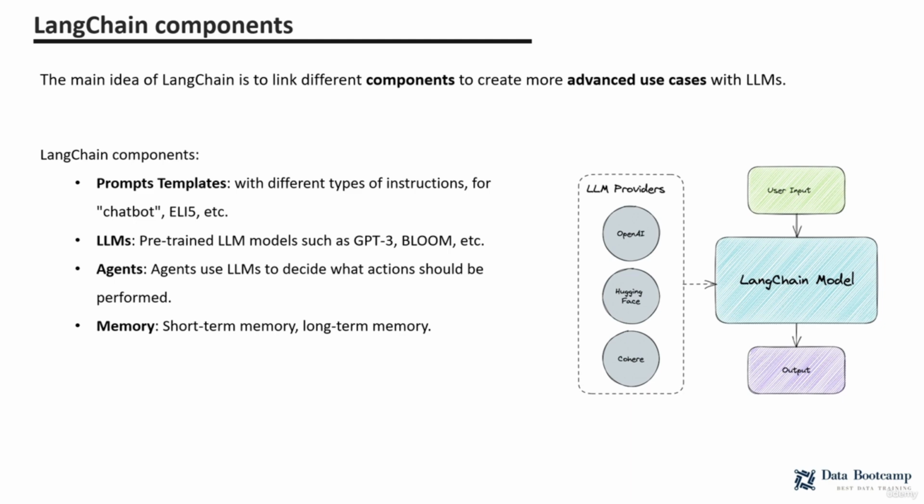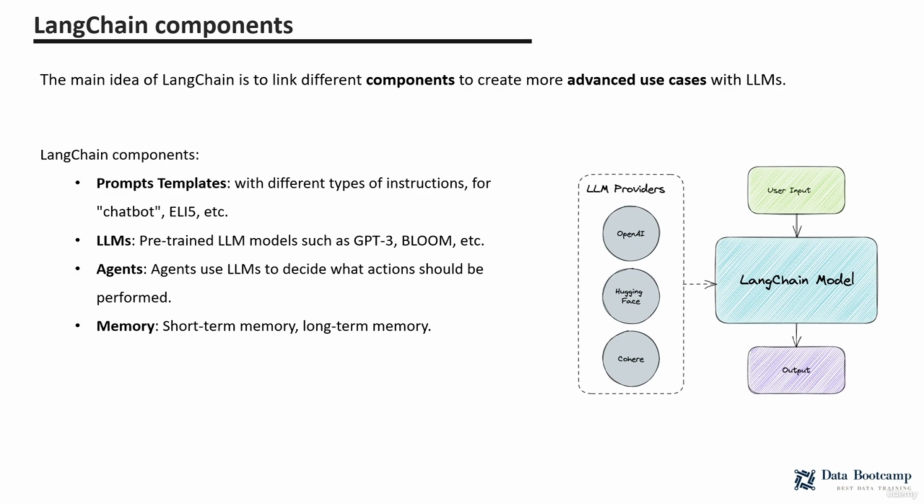These templates are for different types of prompts, such as chatbot style templates, question and answer templates, and so on. Then we have the component of large language models, which allow us to link with different language models such as GPT-3, Bloom, or even models from Hugging Face.